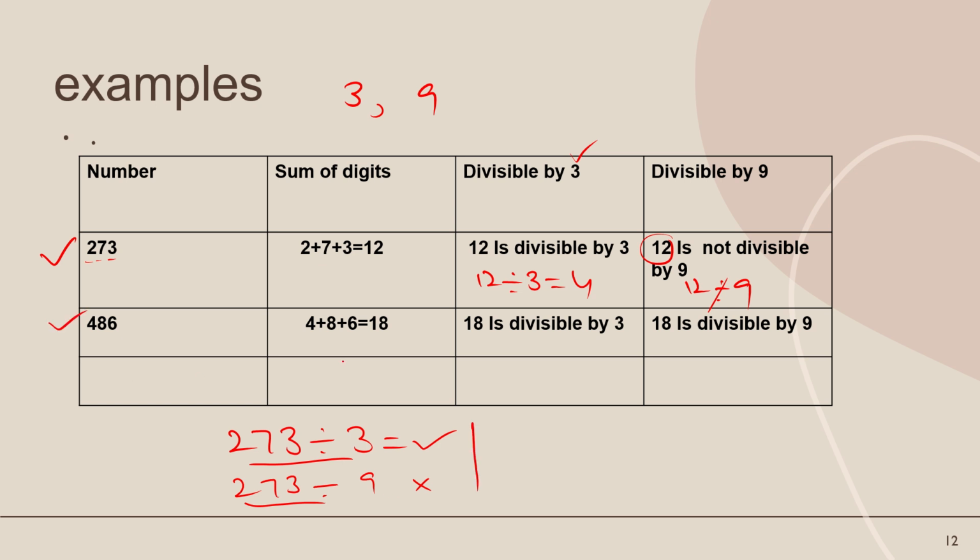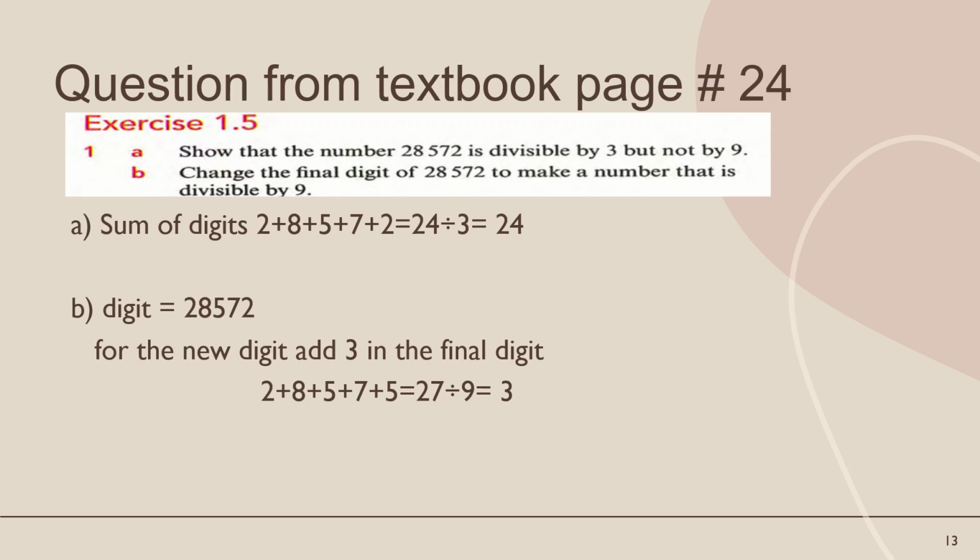Now for example 486: take the sum, 18, which is completely divisible by 3, so 486 is divisible by 3. And 18 is also divisible by 9, so 486 can also be divided by 9. These examples help you understand more about the divisibility rule for 3 and 9.